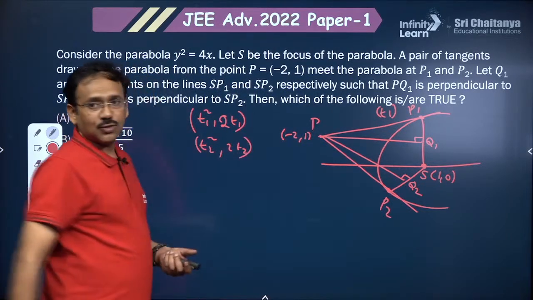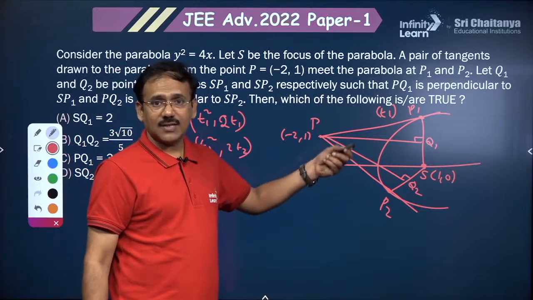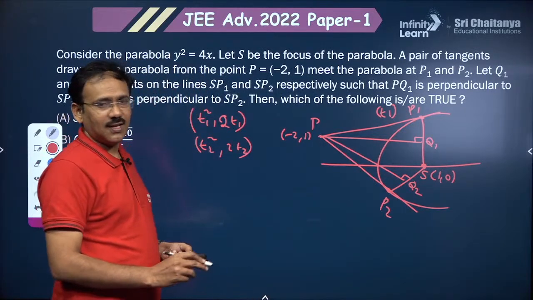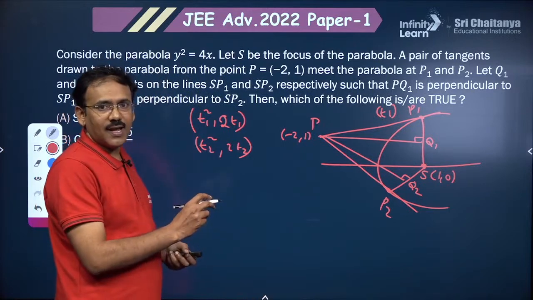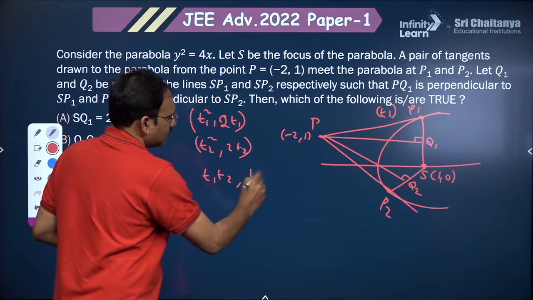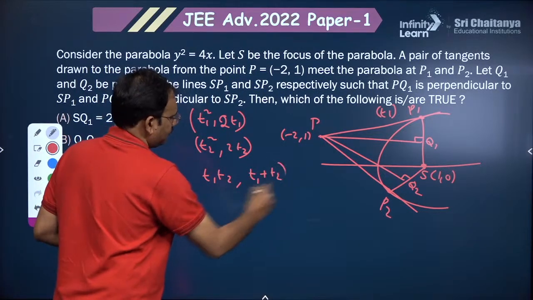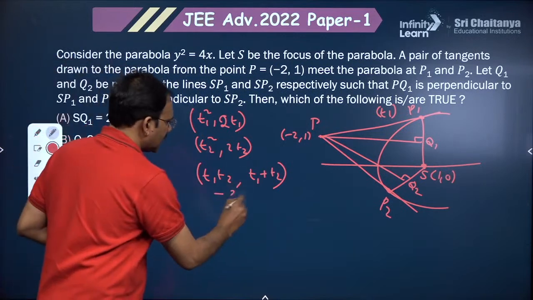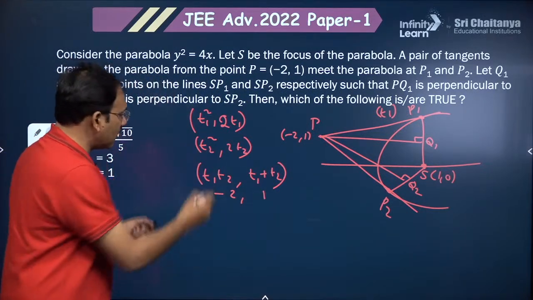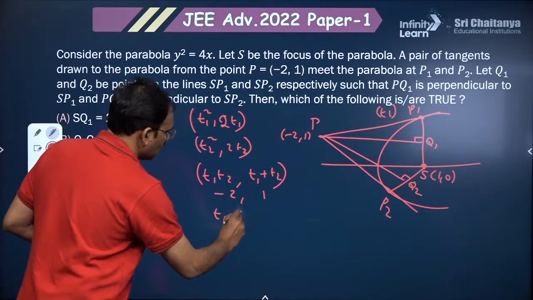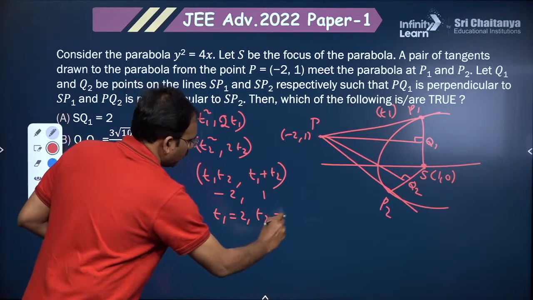You know the point of intersection of the tangents drawn at T1 and T2 is a T1 T2 comma a into T1 plus T2. So T1 T2 comma a into T1 plus T2 is the point of intersection, which is given as minus 2 comma 1. Can you guess what T1 and T2 are? Definitely T1 is going to be 2, T2 is going to be minus 1.